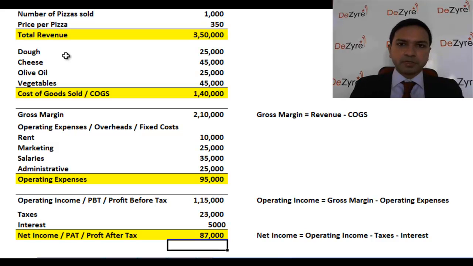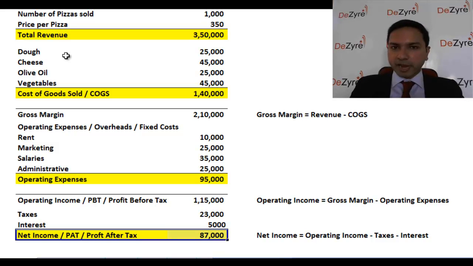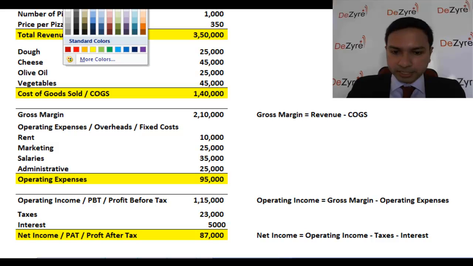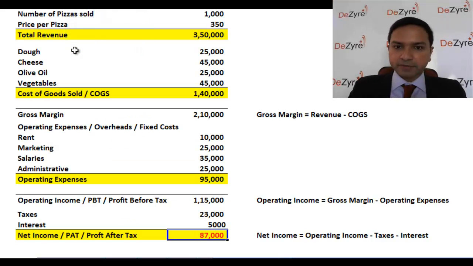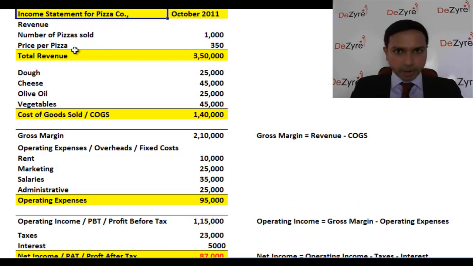I don't even know if people still follow it, but typically if a company is profitable, you would write that profit number in black. But let's assume a company had a loss. Let's say instead of an 87,000 rupee profit, it was actually an 87,000 rupee loss, you would make that red. So you would say, my company is in the red. I'm trying to figure out how to get the company out of the red. And that's commonly used colloquially.